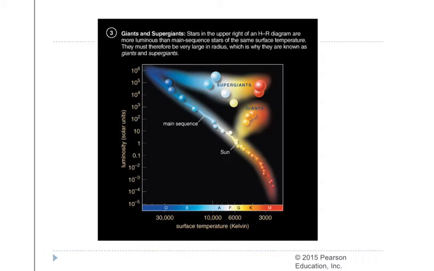So we discussed the HR diagram, and we talked about how on the diagonal is the main sequence. Well, when a star goes towards the end of its life with that helium flash, it becomes a bit unstable.